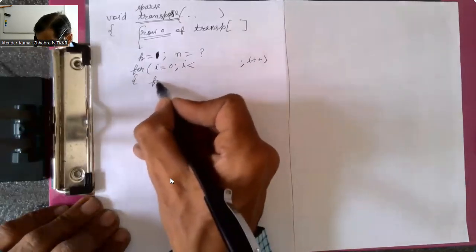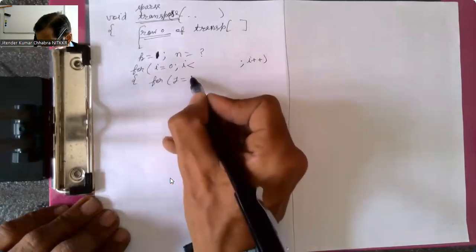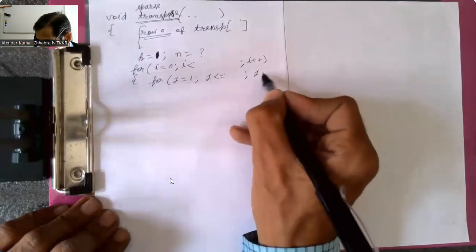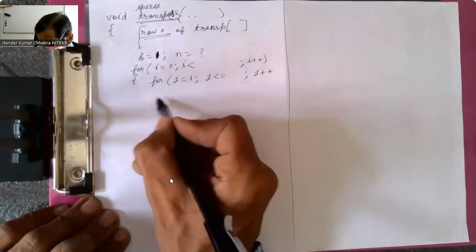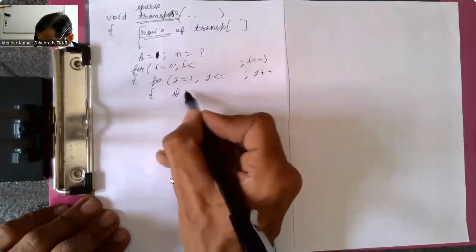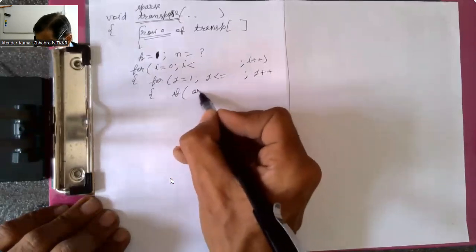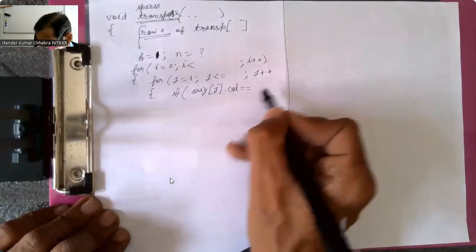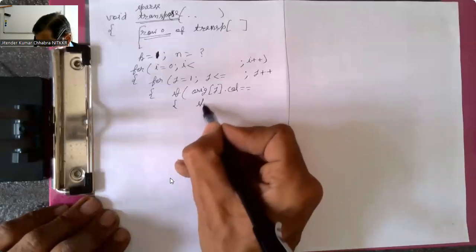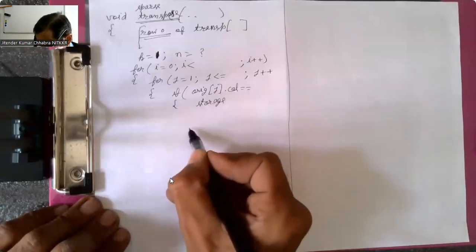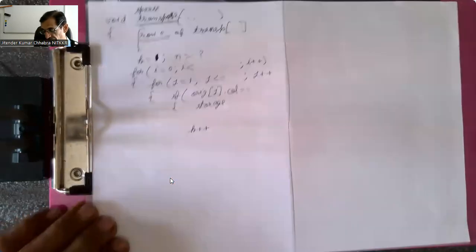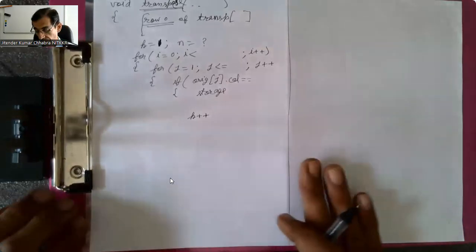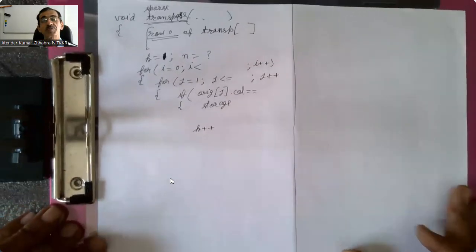Within it I need a loop for j equal to 1, j less than equal to something, j plus plus, and then if I put braces no harm, I need here an if: original j dot column to be compared with something, and then storage to be done. And then, of course, after storage, k++ to be done. So having said that, this will become the logic, and this is what I am supposed to implement in this particular way.